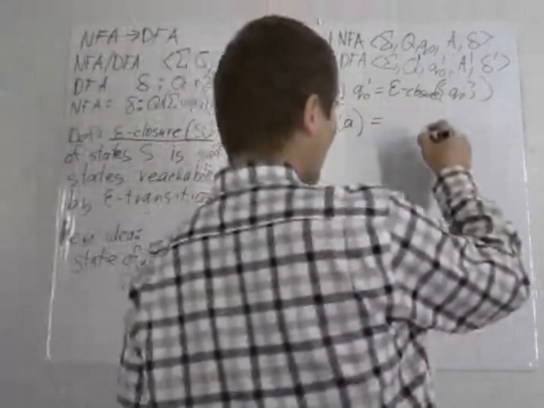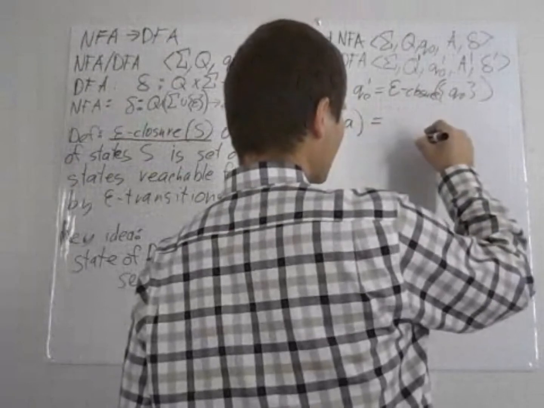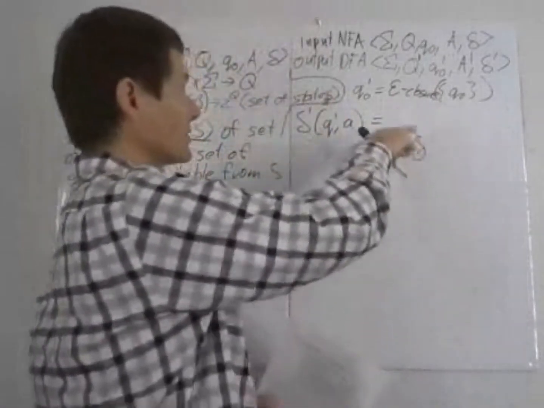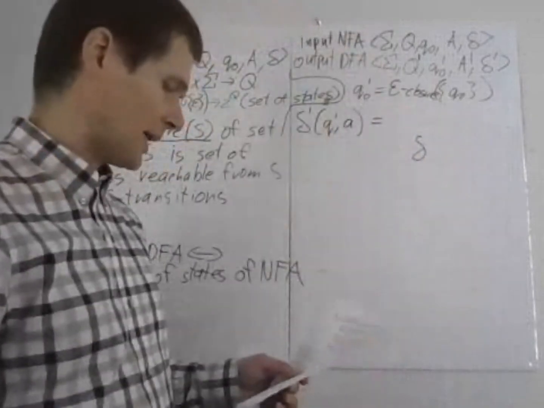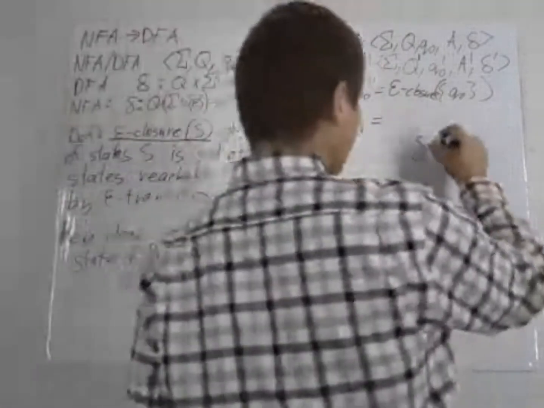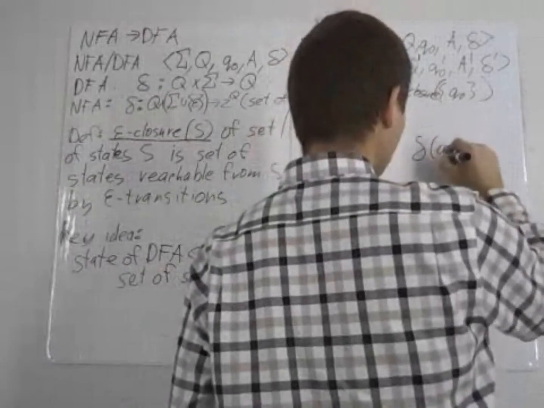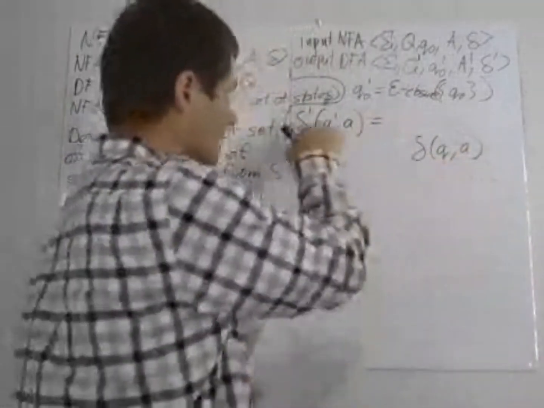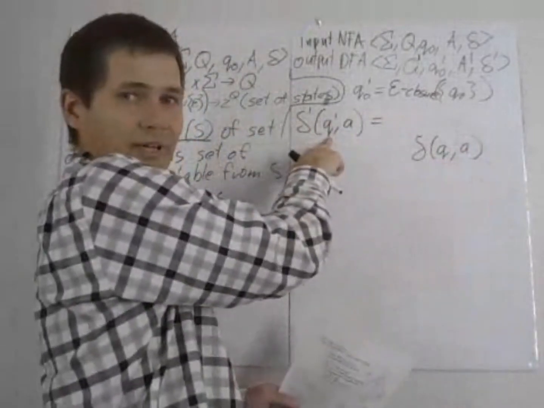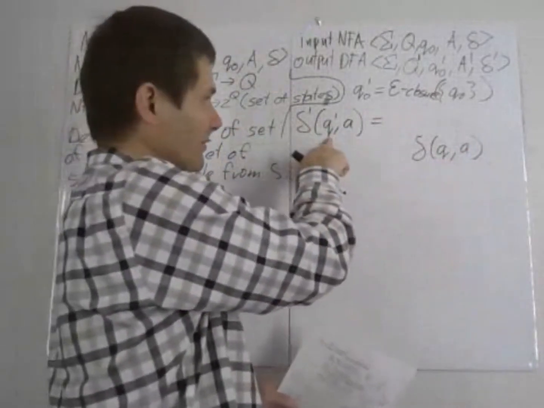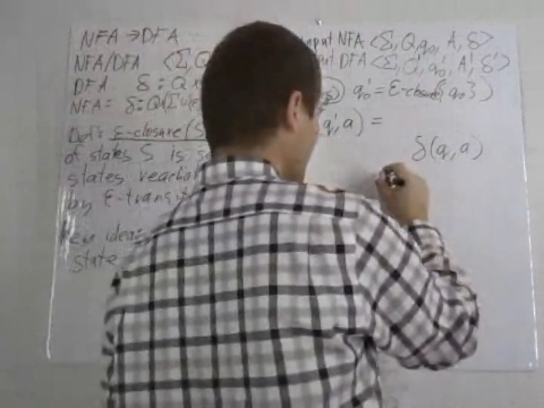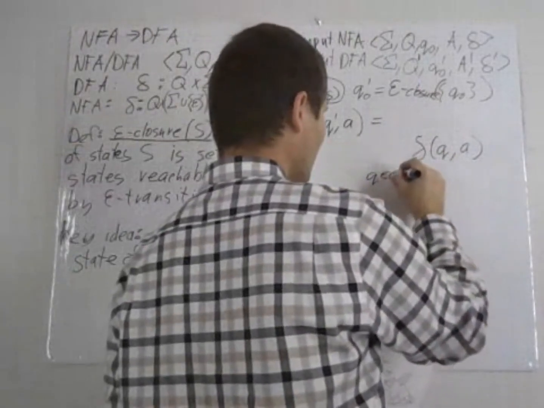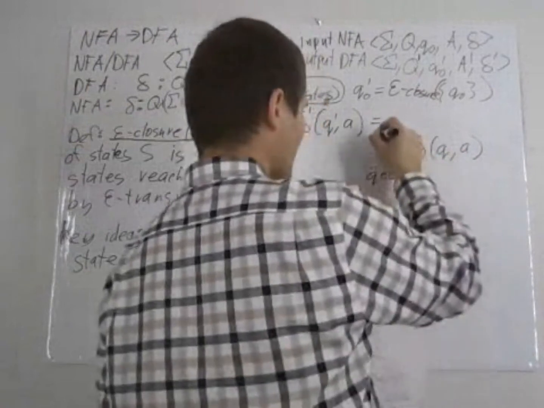Well, I'm going to take the delta function, the transition function of my NFA, and I'm going to run it on all states Q that are in the set Q prime, right? So Q prime is a set of NFA states. So Q is going to range over all the states in Q prime.